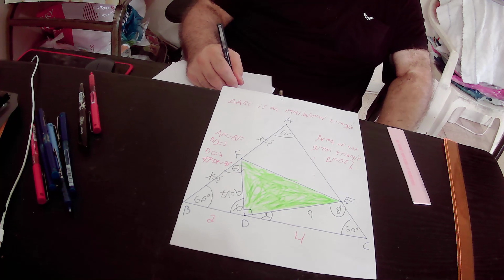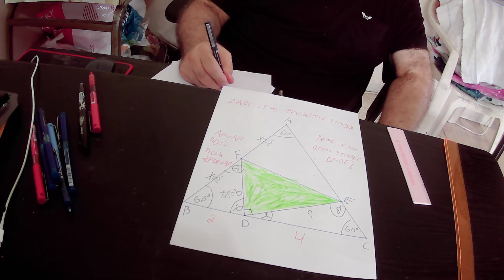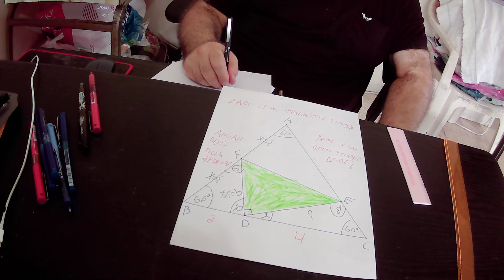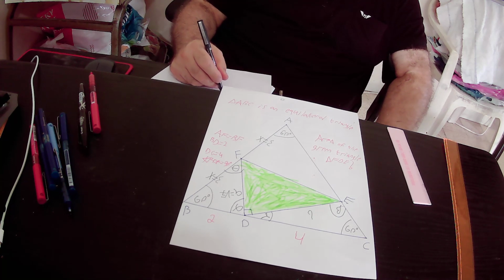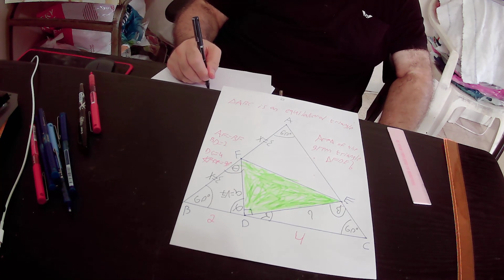Okay, gamma plus 90 degrees plus alpha equals 180 degrees.